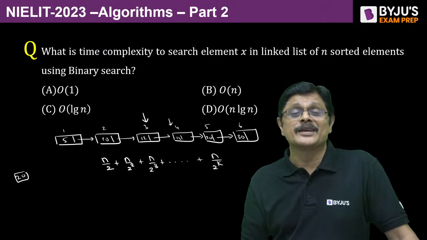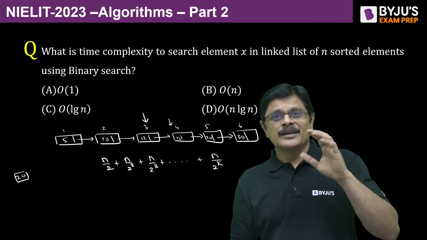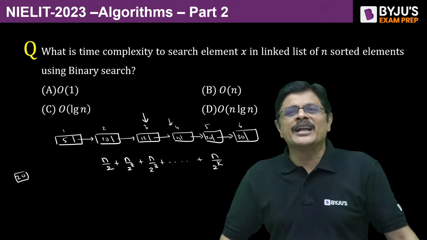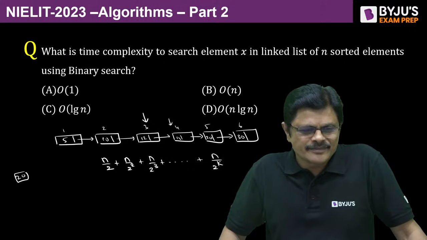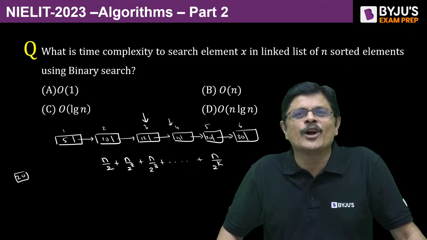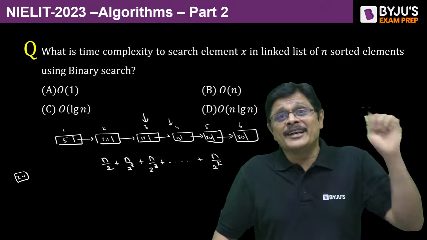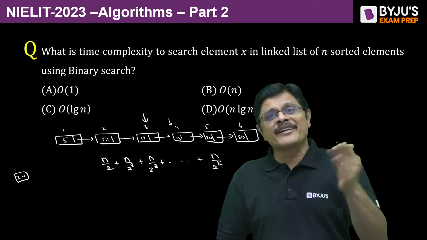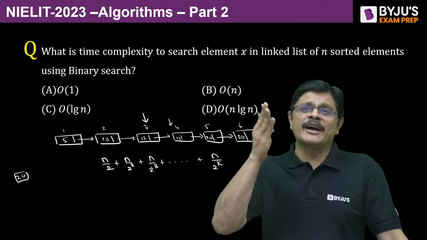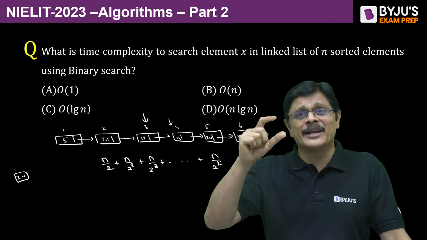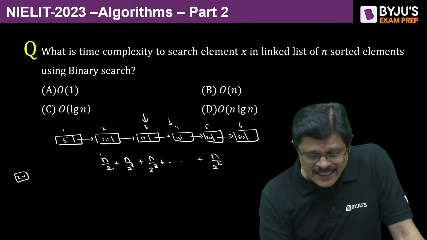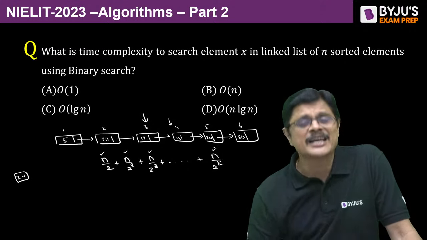If you are using an array, reaching that element can be done in order one time. But here, finding the element and reaching the element are different. In an array, finding and reaching the elements are the same. Here, finding which element can be done in order one time, but you have to reach it, so this traversal has to be done.